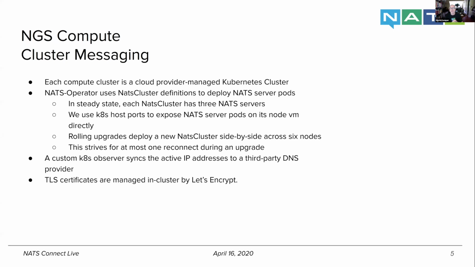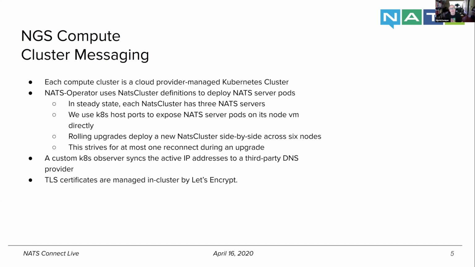In steady state, each NATS cluster has 3 NATS servers. We can scale that horizontally by upping the number of servers in the NATS cluster, and we can scale it vertically by updating our Kubernetes node pools to have beefier machines.